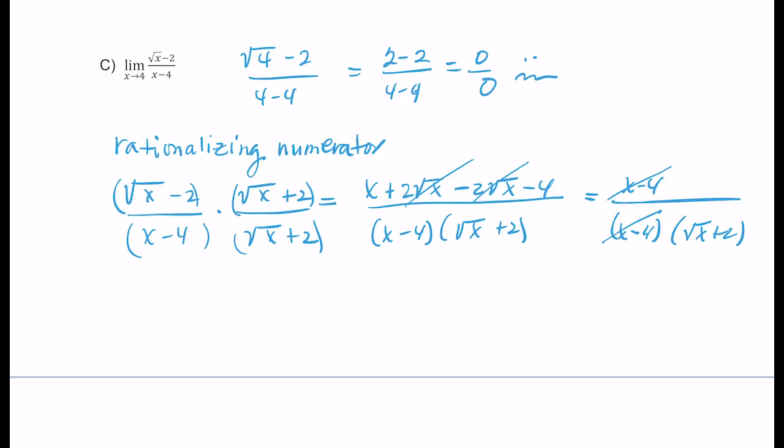Okay, so what I'm left with now is the limit as x approaches 4 of my new function, which would be 1 over the square root of x plus 2. And now try plugging in the 4, and you end up with 1/4.